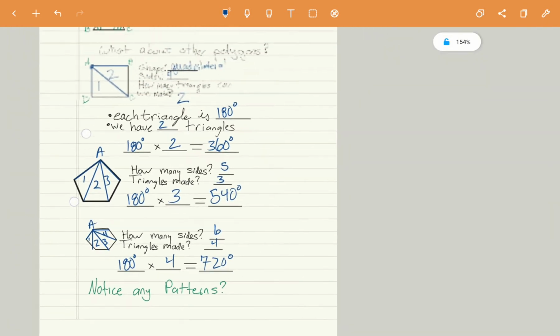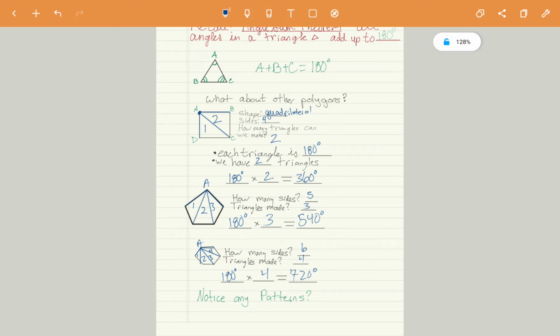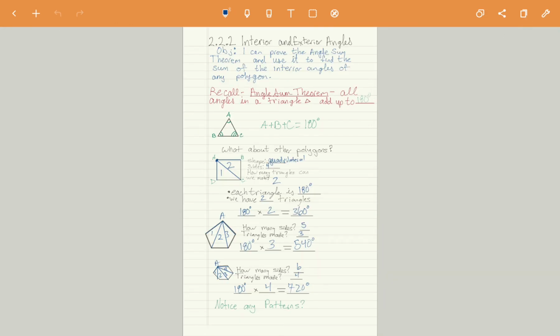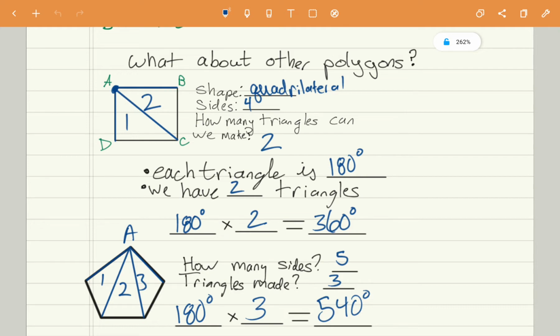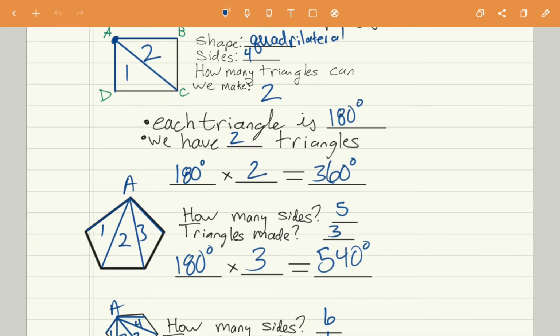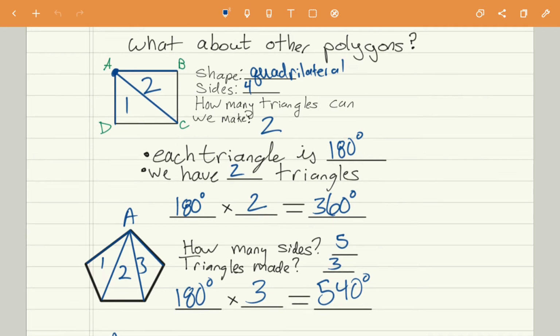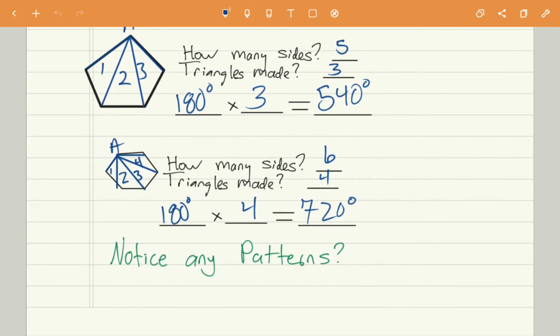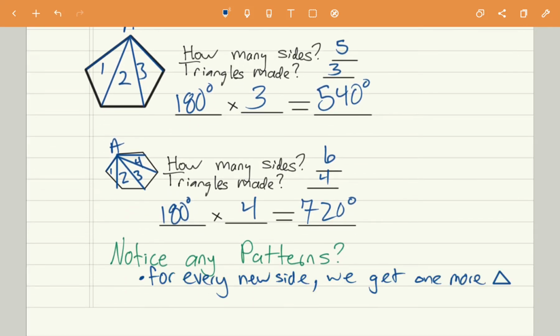Now, do you notice any patterns so far? Think about it for a second. Notice that for every side we gain 1 more triangle. For example, a quadrilateral is 1 more side than a triangle, so we get 1 more triangle.